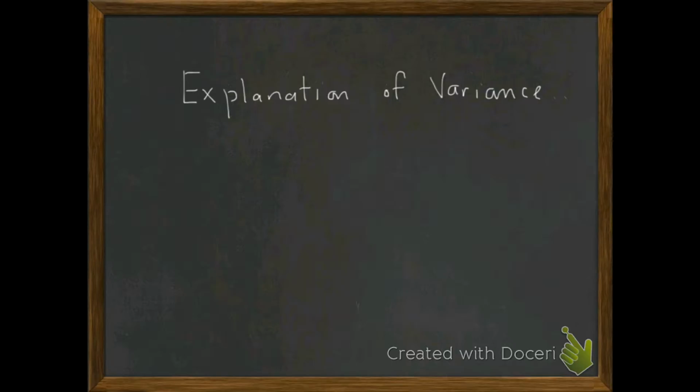So at the end of the day, what two-way ANOVA allows us to do, it allows us to explain more variance. And what I hope you know by now is that the total variance can be partitioned out as the sum of the explained variance plus the unexplained variance.